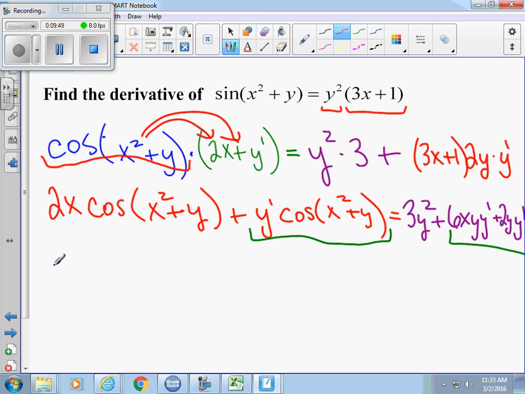I'm going to get all the non-y primes on one side and all the y primes on one side. Those were all the non-y primes. Does everyone agree? This one has no y prime with it, and this one has no y prime with it.